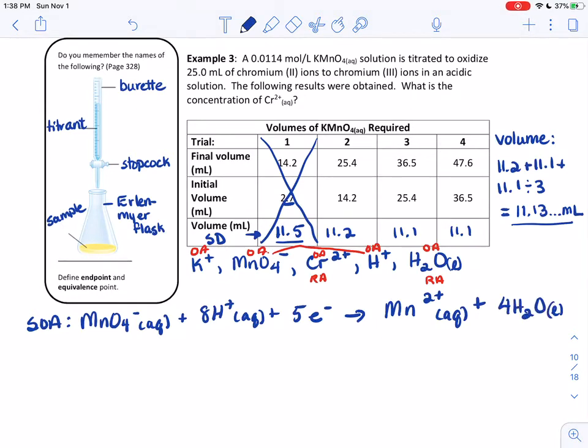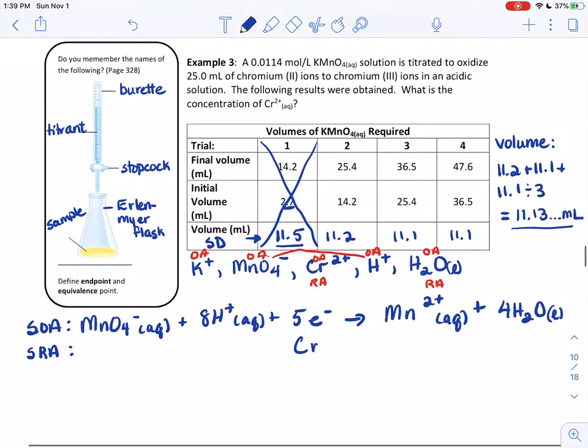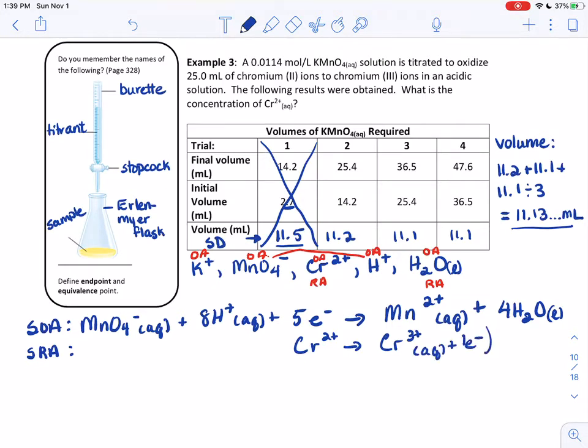So there's my strongest oxidizing agent. My strongest reducing agent is going to be my chromium ions. So Cr2+ goes to Cr3+ plus 1 electron, which means I need to multiply this by 5.